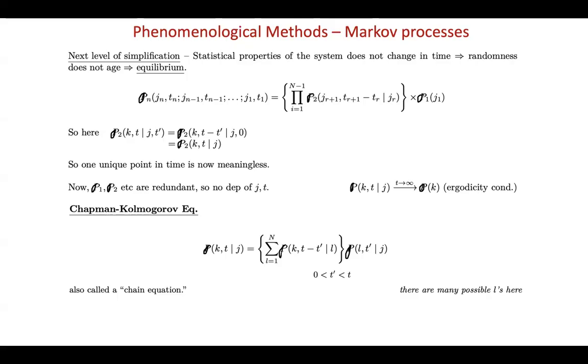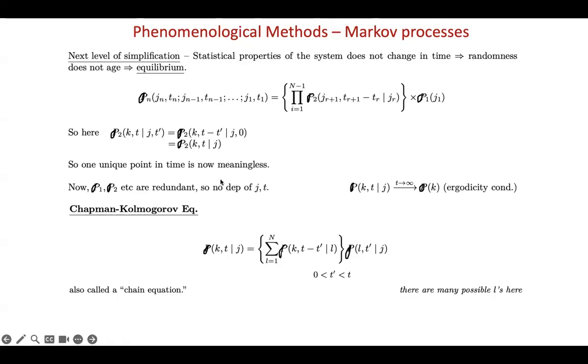And so it's not a surprise that Sidney Chapman and, of course, independently, Kolmogorov, used Markov's ideas to simplify the whole concept of zero memory dynamics to some form of a manageable equation, which is this Chapman-Kolmogorov equation.